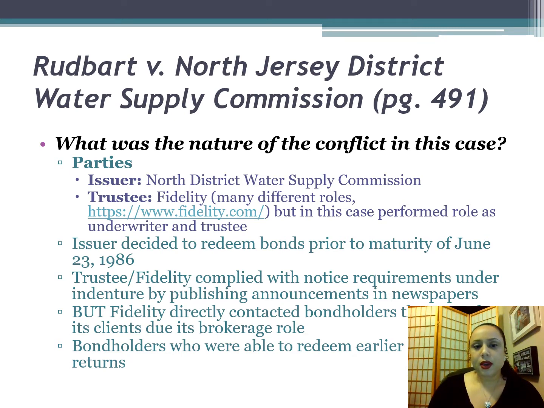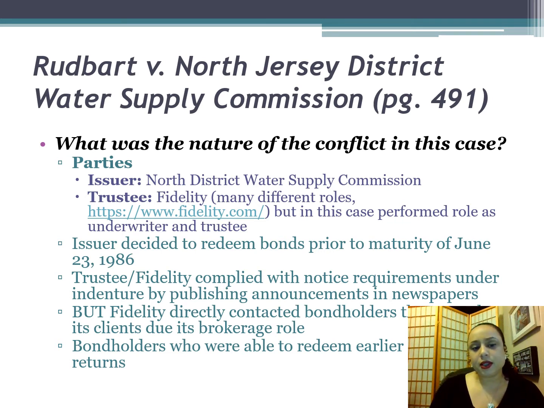And in this case, we saw that they also can serve as trustees, helping issuers to administer all of the various contractual obligations of a debt offering. And so Fidelity performs many roles. And so you can see how conflicts would naturally arise when Fidelity is attempting to fulfill all of the various fiduciary duties that it owes to different clients in different contexts.